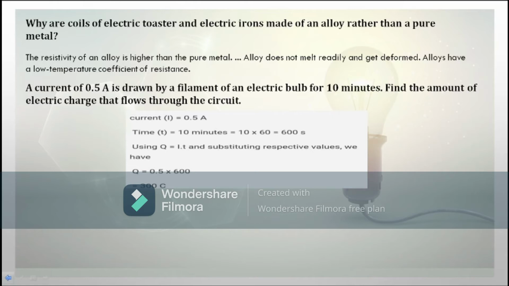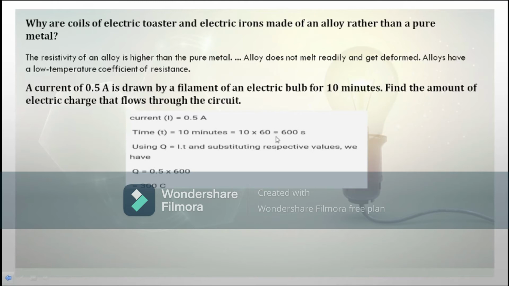First of all, you should know what is given in the question. Here current I is 0.5 amperes, time is 10 minutes, and these 10 minutes should be converted into seconds. That is 10 into 60, equal to 600 seconds.